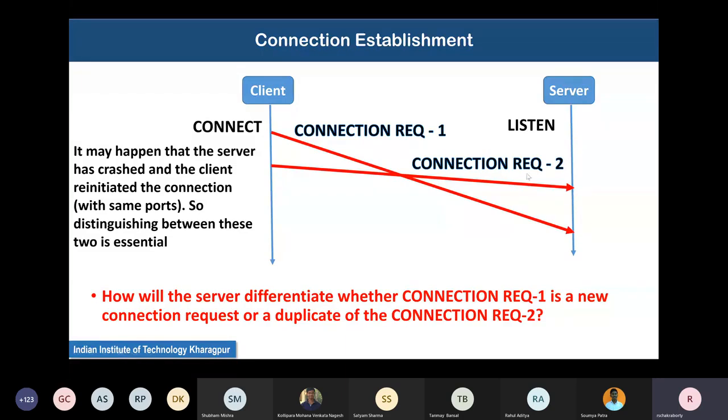In between, if this server crashes, then that history might be lost, because a server crash might be a situation where all the memory content corresponding to the server process is lost, because a process crashing means the operating system typically will release all the memory that the process was holding.